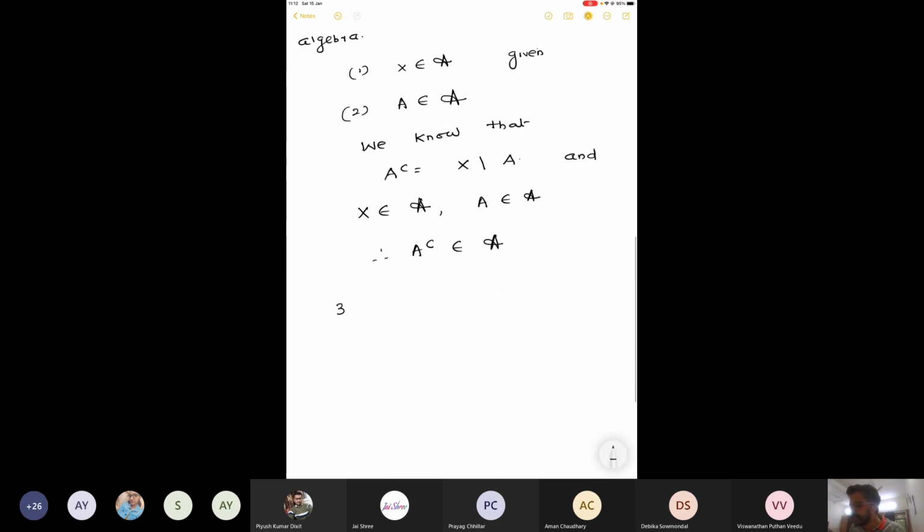Now the third condition required for an algebra. So I have to take two elements in A. Let A and B be in A. Somehow I have to prove that A union B is in A. See the previous one.